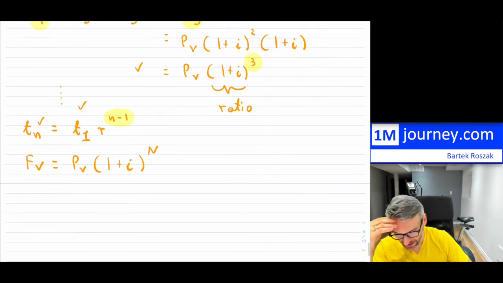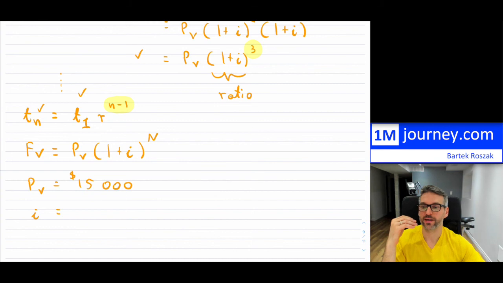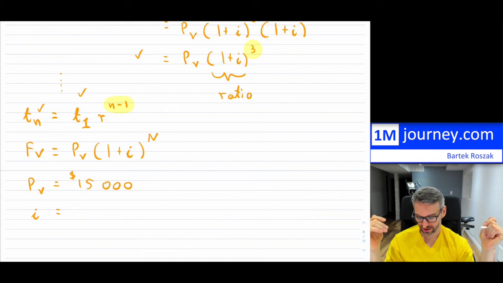So let me give you an example. Let's say we started off with $15,000. And let's say we're compounding at 8%, and let's make it per year to keep it simple. If you want, you can go back to the playlist and study compounding interest in much more detail.